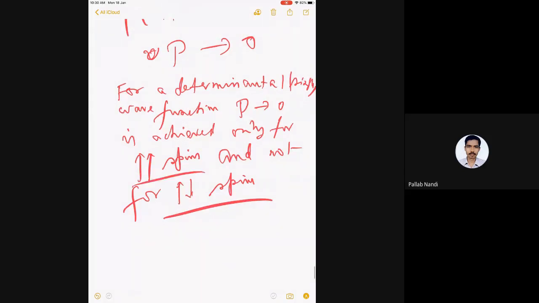This was achieved because of the exchange effect. If you remember, they cancelled. Here there is no exchange effect, so the Coulomb term remained.